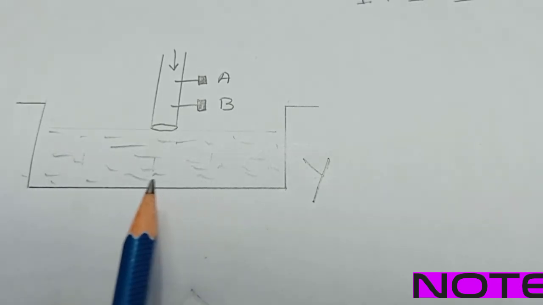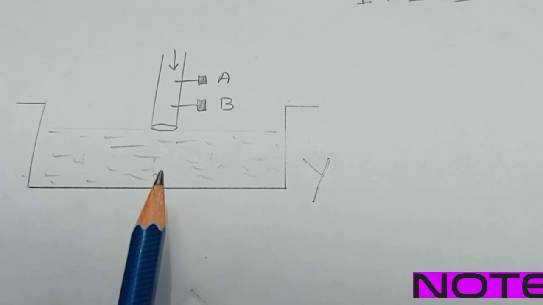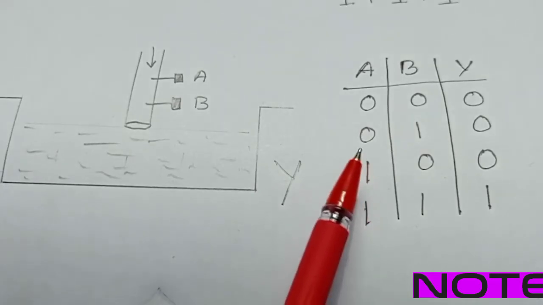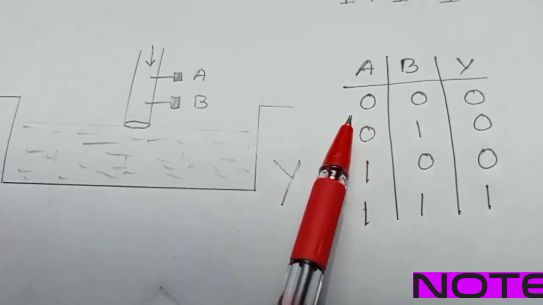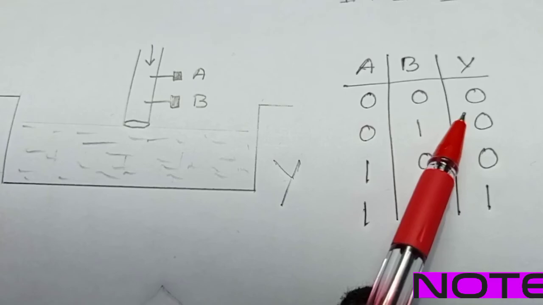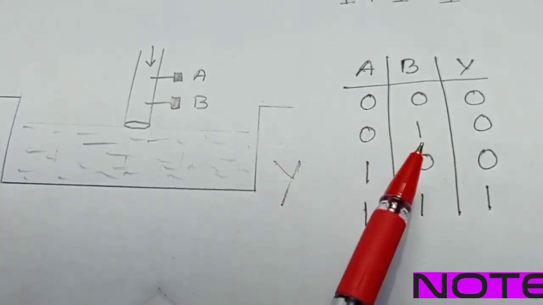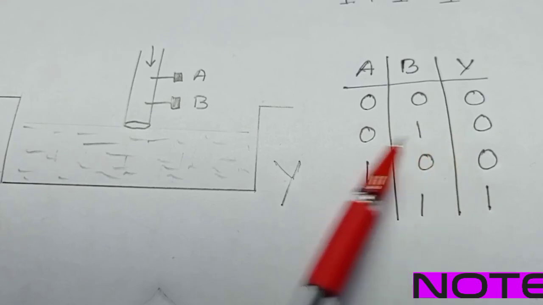This can be summarized in the following figure. Consider this statement in a truth table. If A equals 0 and B equals 0, the output Y is 0. If A equals 0 and B equals 1, the output Y equals 0.